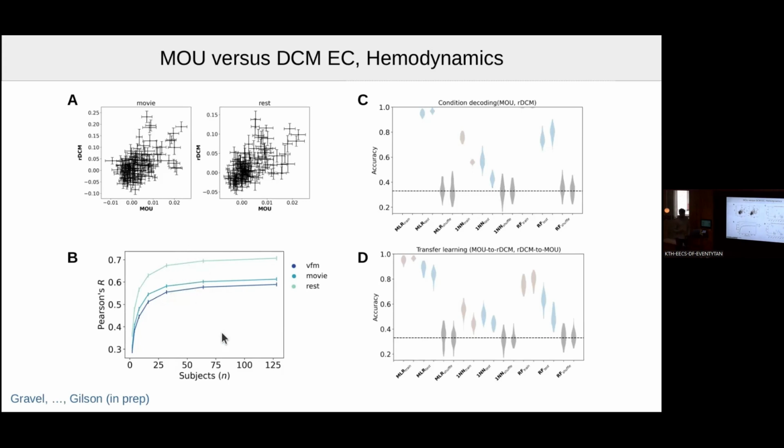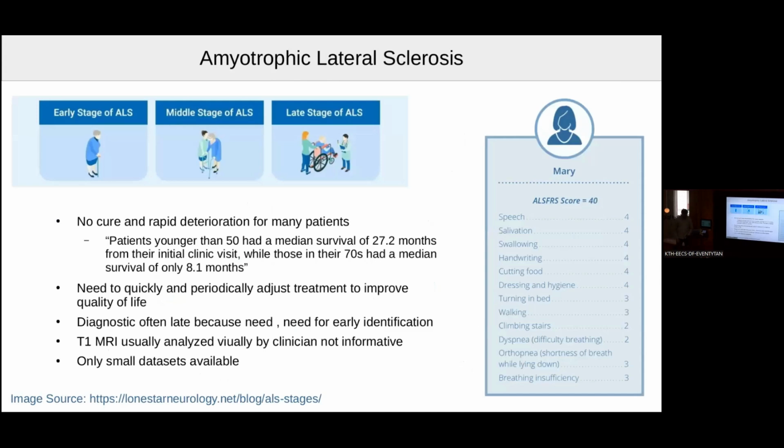So you really have aligned measures from our version of effective connectivity and the regression DCM. And you can even do transfer learning, so train some decoder on one version of EC and decode for the other version. And so that's just for those who are interested in effective connectivity.